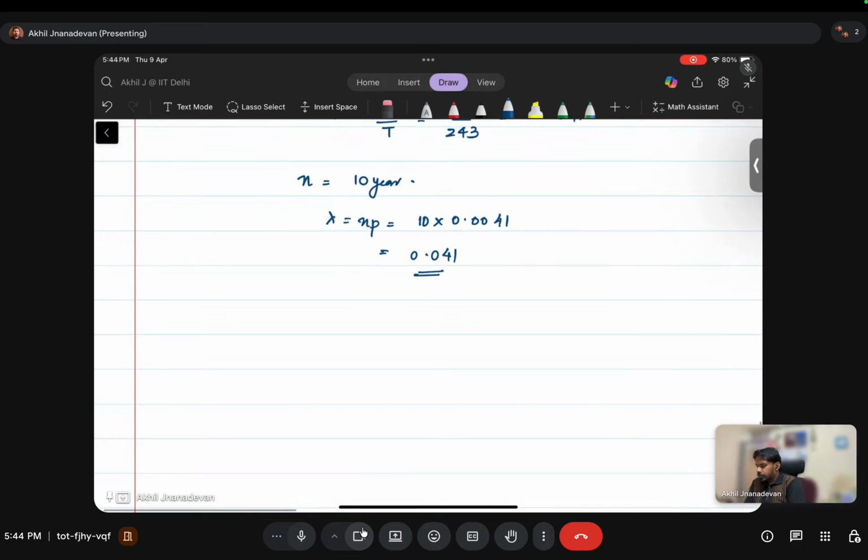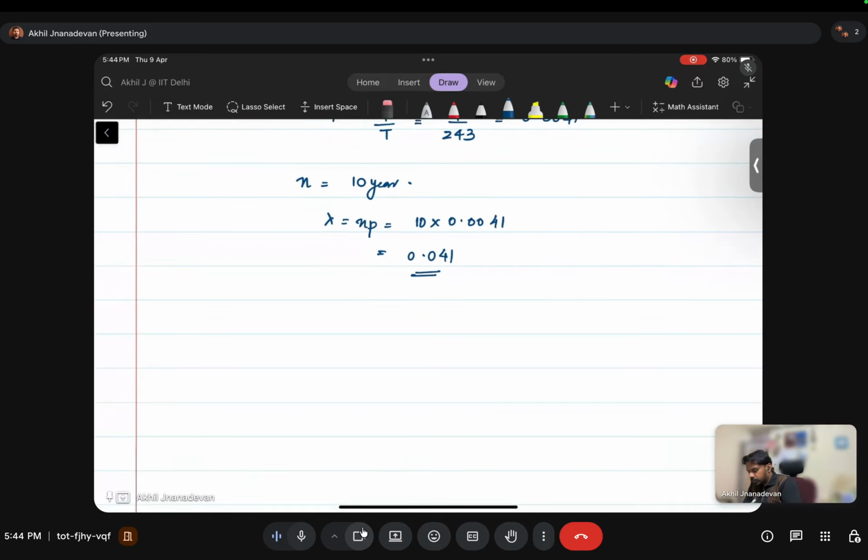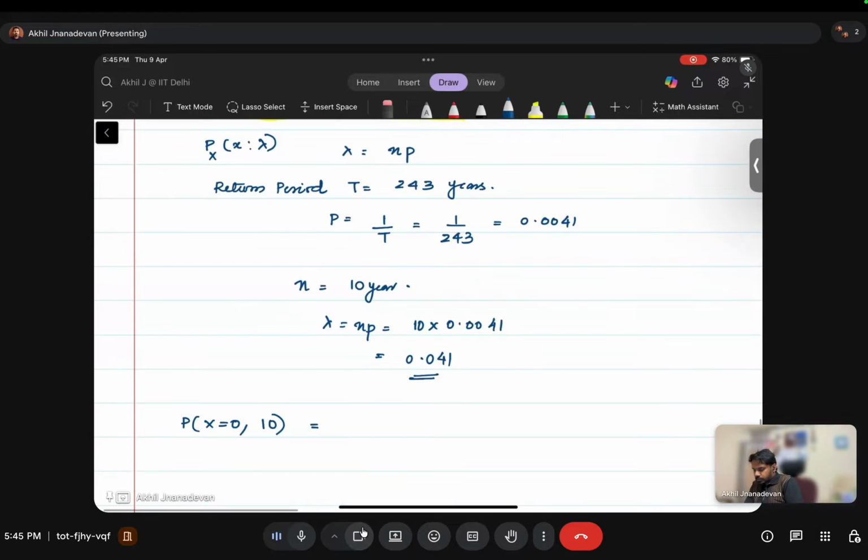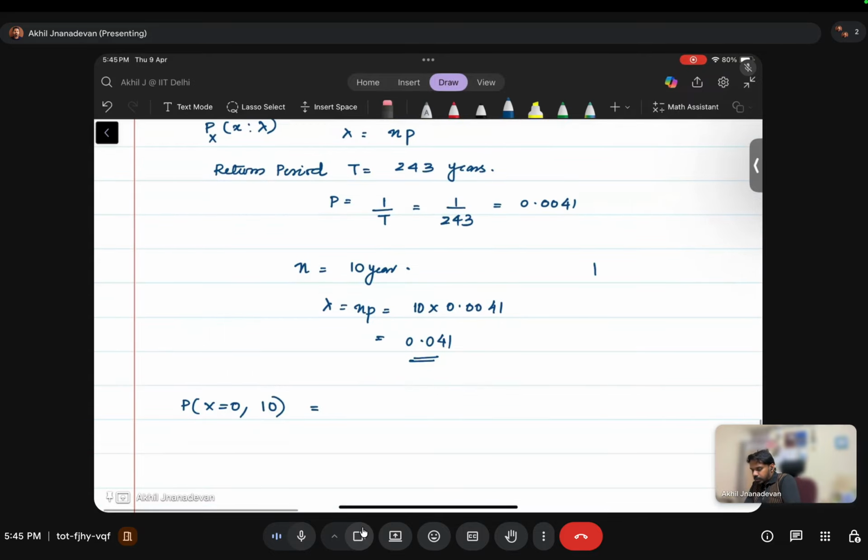The probability of non-occurrence, that is x equal to 0 for lambda 0.041. If you remember, P of x is given by lambda raised to x into e raised to minus lambda, divided by x factorial.